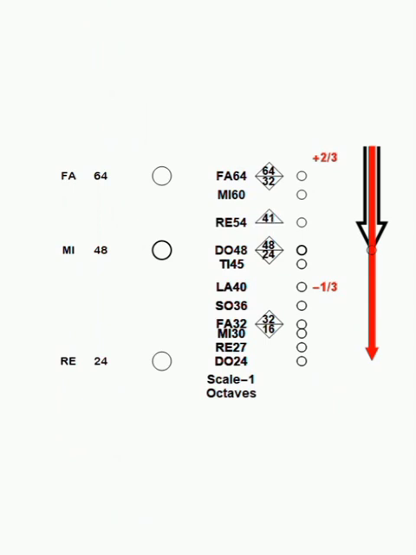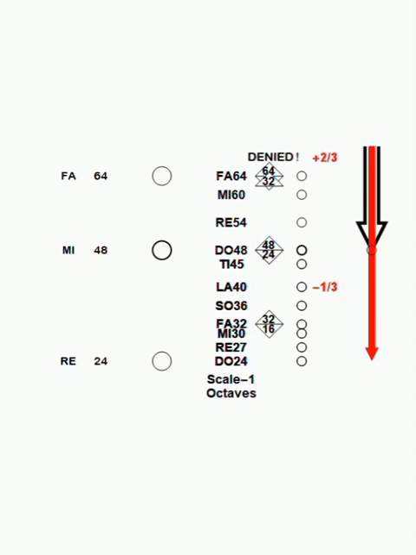By the time it has gone up 6 more units to Mi 60, it has only 36 units of impetus left, and by the time it reaches Fa 64, it has an upward impetus of only 32 units. But there, it encounters a downward force of 32 units from the force at Fa 64, which wants to halve to 32. This exactly neutralizes the upward impetus remaining of the force from Do 48. Its upward motion is denied.